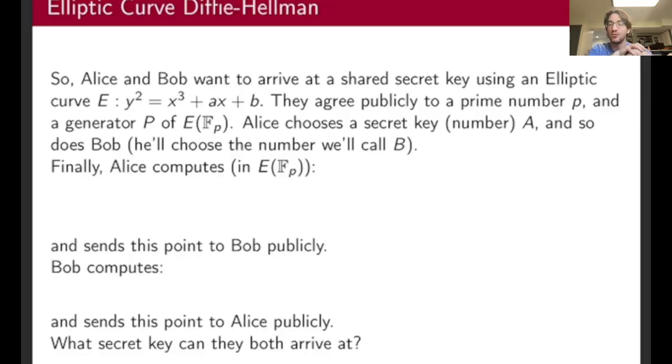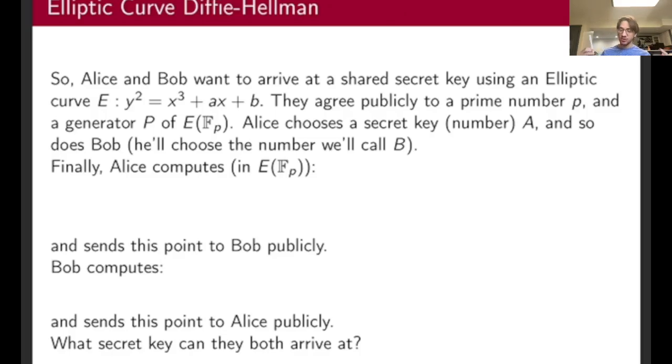When they look that up, it tells them the a and b values, the prime number p to use with that curve, and the generator to use. So this is all public information that they either figure out and communicate to each other, or more likely look up from a website or from the National Institute of Standards and Technology, NIST.